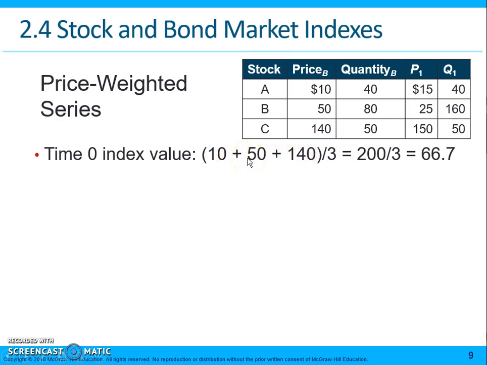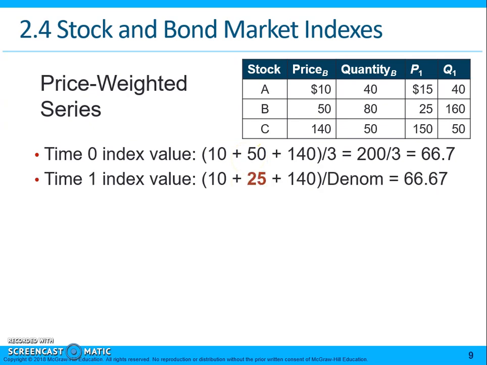So what we do is we take the 10 plus the new split price of 25 plus the 140, and then we solve for the denominator and set that equal to the original value.